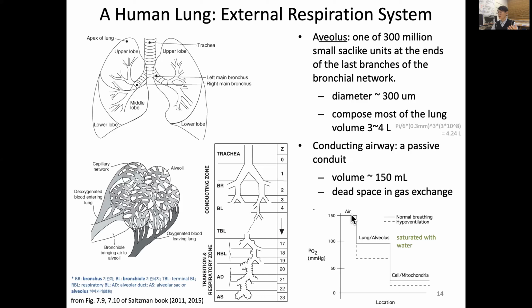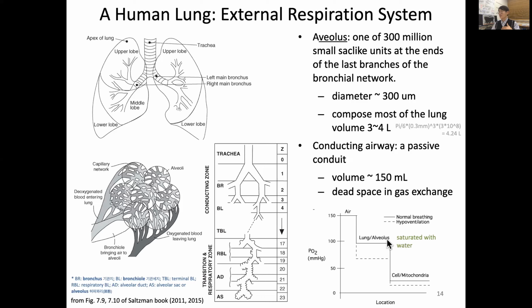And that becomes lower when it gets inside the lung alveolar space, which is very moist. It's saturated with water, so the oxygen partial pressure has to be lower because of the presence of water.